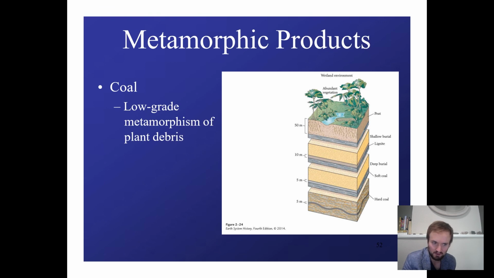One common metamorphic product is coal. This is low-grade metamorphism of plant debris. Remember that coal is not a mineral because it contains organic carbon.